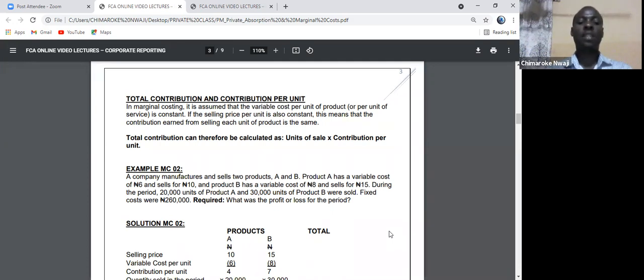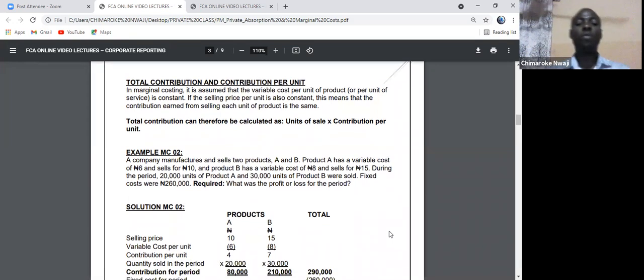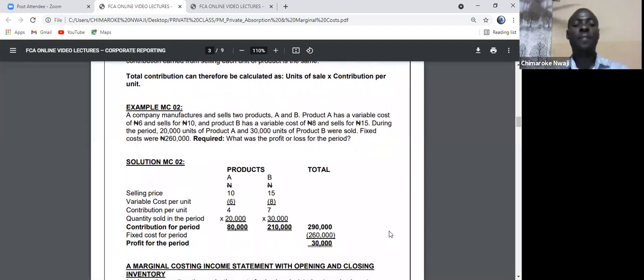Now let's look at example MCO2 to see how this works. A company manufactures and sells two products, A and B. Product A has a variable cost of 6 naira and sells for 10 naira. So that's the selling price and variable cost.